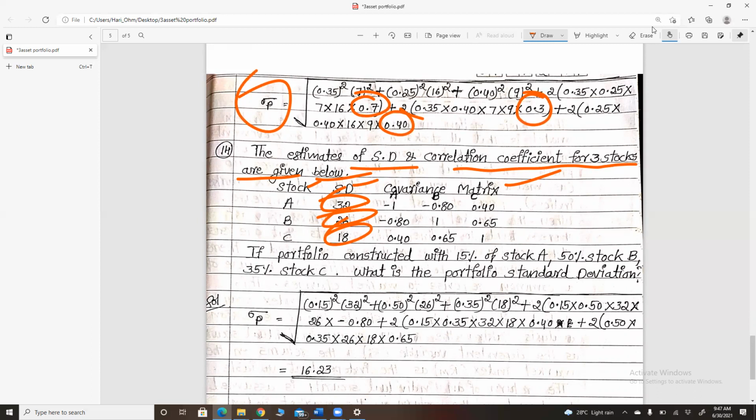If a portfolio is constructed with 15% of stock A, that is 0.15, then 50% of stock B, that is 0.50, then 35% of stock C.